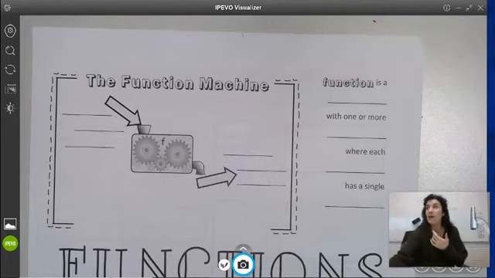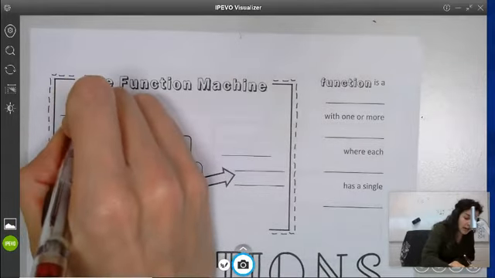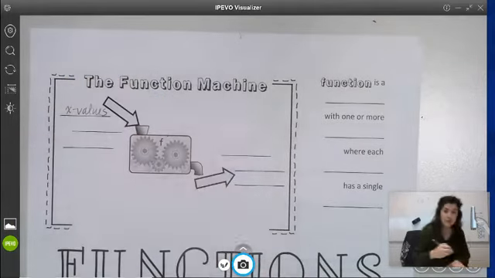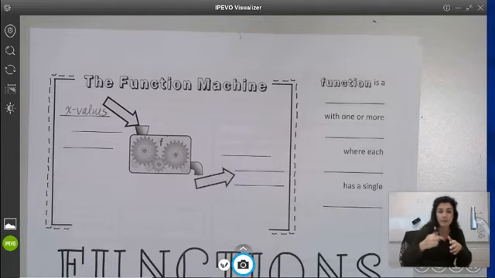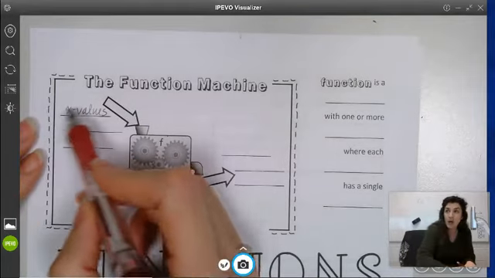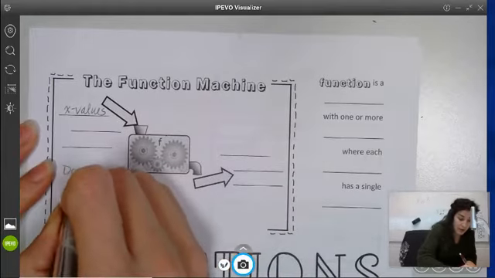So first of all, we need to talk about what a function is. A function is this idea of a machine where you put in things and it gives you things back. For instance, we put in our x values. A lot of times we'll plug in an x value and then we'll get a y value back. It's like this machine that's constantly chugging to give you these values back. The set of all possible x values is called the domain.